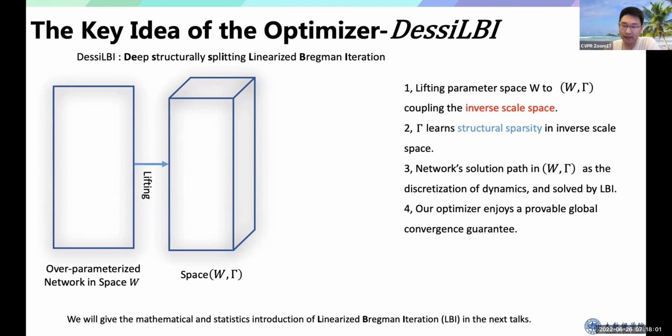Here, we expect that the more interpretable features should be selected first, while others are not, in the inverse scale space. This is actually a nice property of inverse scale space, with the scales implying the selection time of features. And Professor Yuan will give more details about the inverse scale space from a statistical perspective.